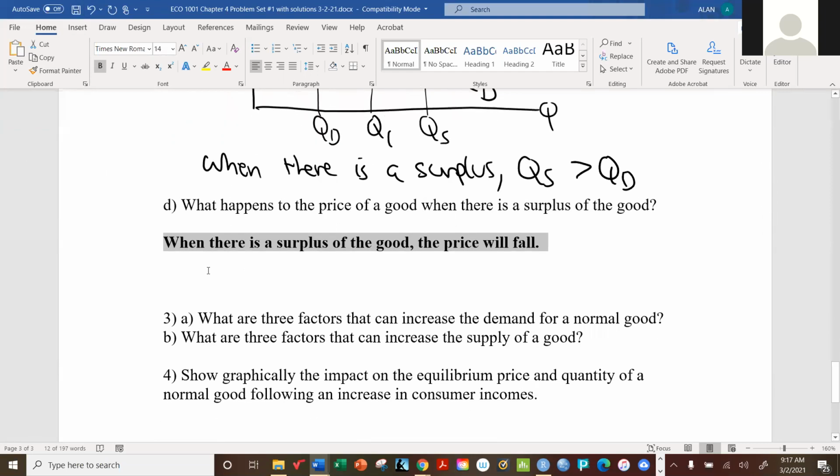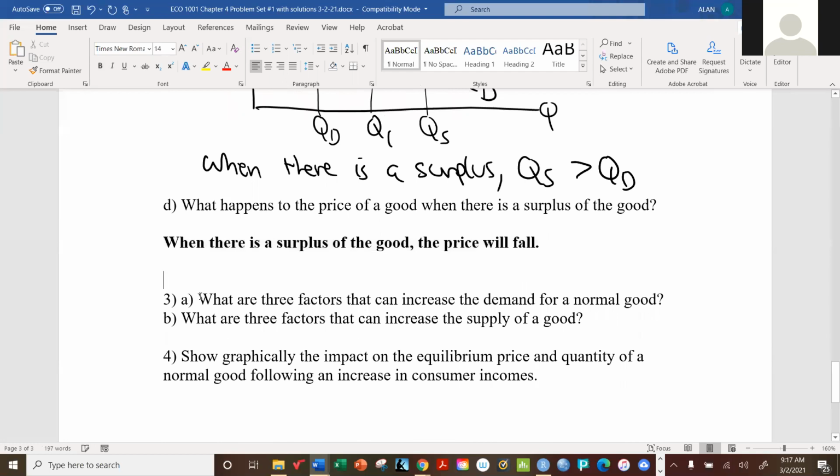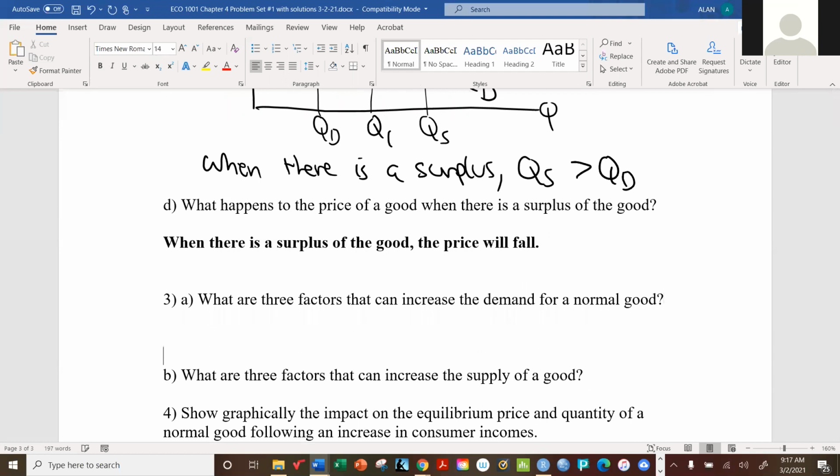All right, very good. Now here, we don't have to draw anything. What are three factors that can increase the demand for normal goods? So when it says three, that means you only need three, but I'm going to list all of them anyway, and then you can decide which ones you want to use. Now, in a normal classroom setting, if we were in an exam, you'd be sitting there without any resources except your pen and your paper, and you basically would then have remembered three of the most obvious factors.